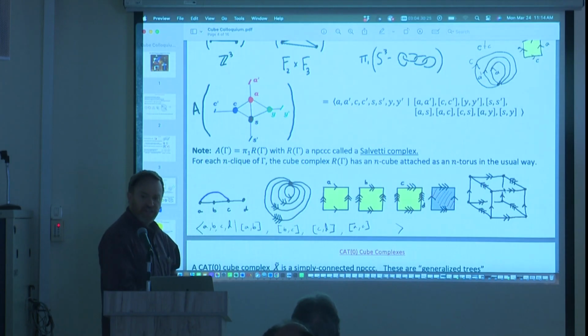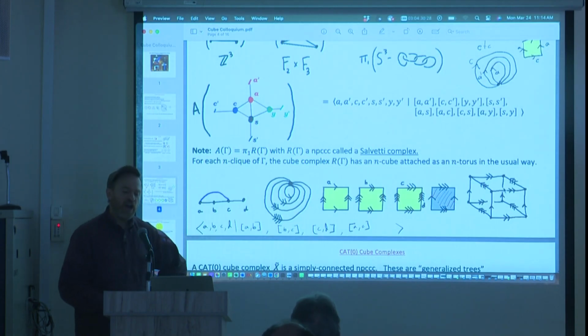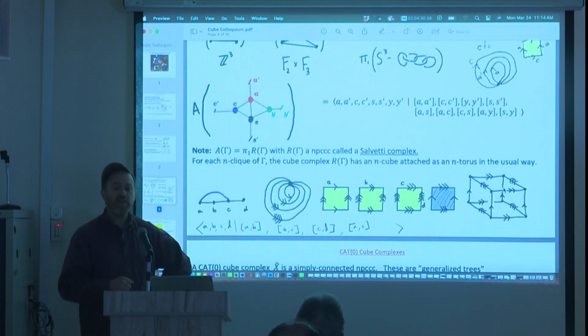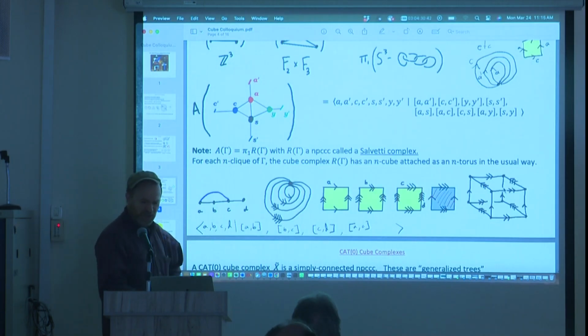And then the rule is that you add an n torus in the most obvious way for every collection of n pairwise commuting generators. Okay, so that's a lot, but it's not too much. So over here, A, B, and C commute with each other, right?